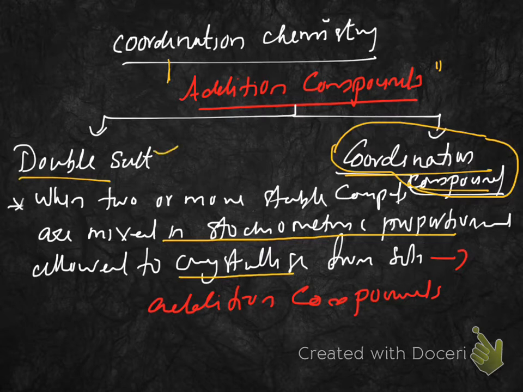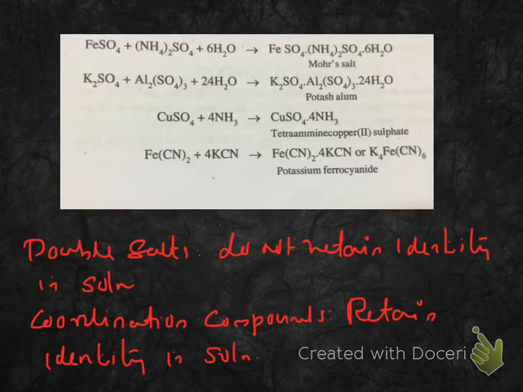Both double salts and coordination compounds are stable in the solid state, but in solution there is a marked difference between the two. What difference do they have? At first, you have to see how addition compounds can be formed.